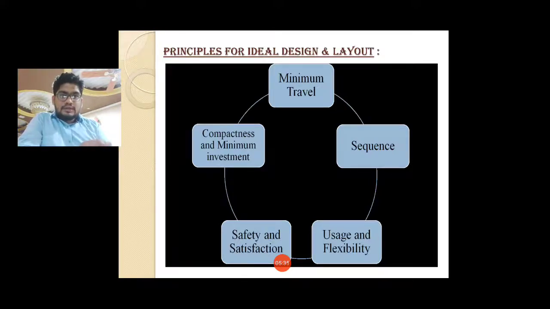So minimum travel is the first thing we need to think of. Now we need to think about the sequence as well. If you think about the sequence, I would like to take an example. If you want to produce a product, for example a plastic bottle, what is the first step?